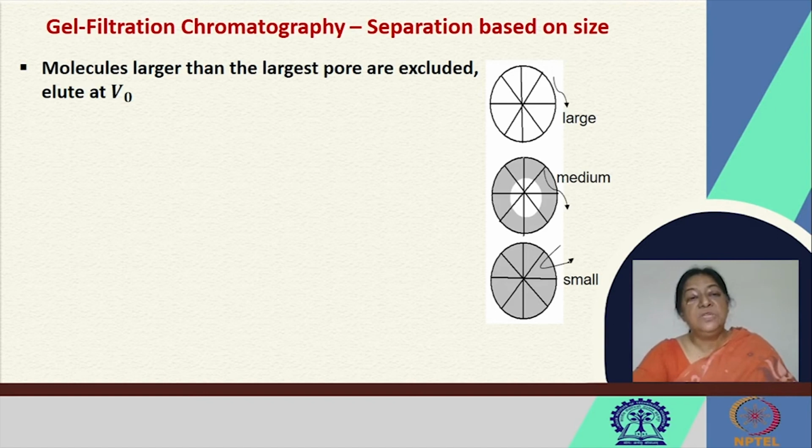The molecules larger than the largest pore are excluded, so they would elute at V0 as they do not enter the pores of our gel matrix.